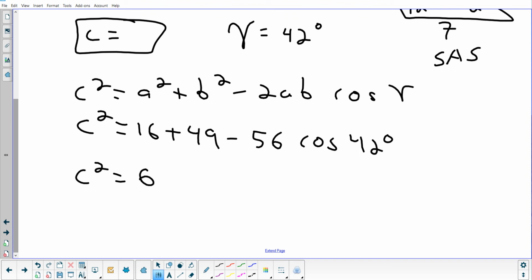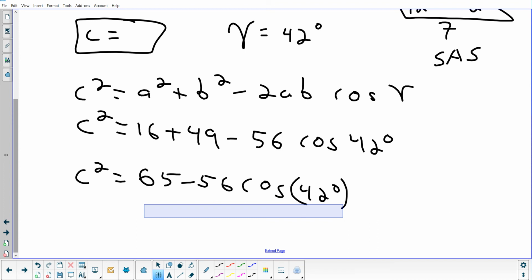Okay, 65. Now you can't do 65 minus 56 because the 56 is multiplied. So you'd have to do the multiplication first. But we don't even have to do anything else on this right-hand side. I think we've done enough to condense it. We could just get c by itself and type it in all in one step.